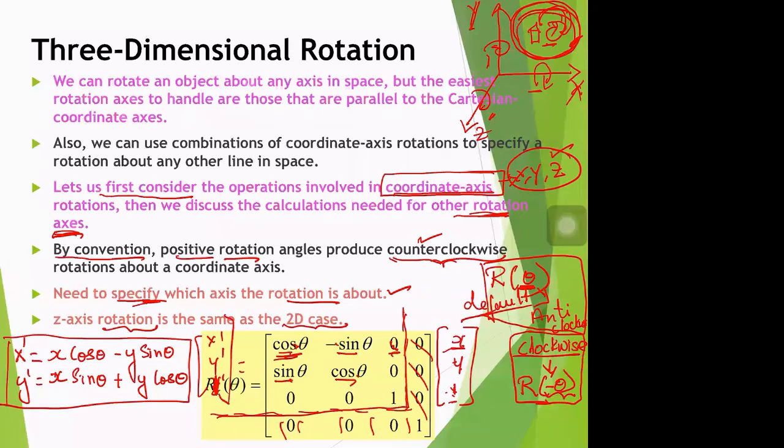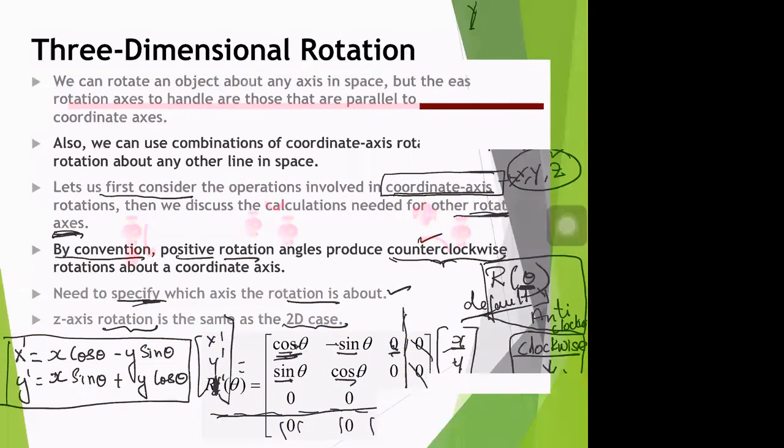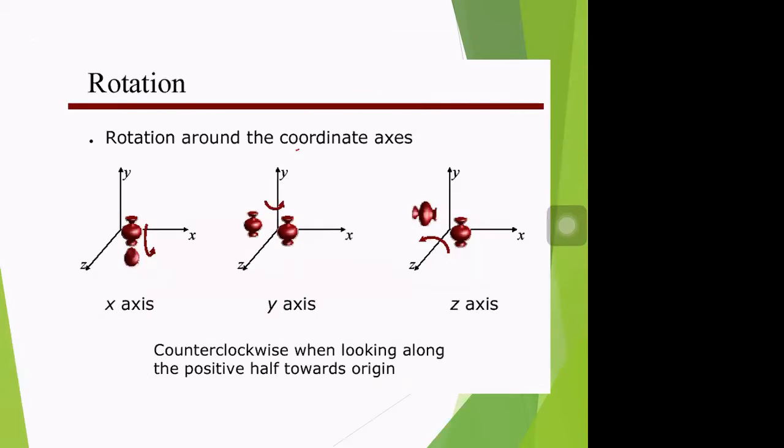Let us go to the next slide and see how the rotation happens. We just recollected our two-dimensional case here and will come back to this. Now let's think of our 3D. The rotation should happen around each and every coordinate axis. You can see the diagram here very clearly.